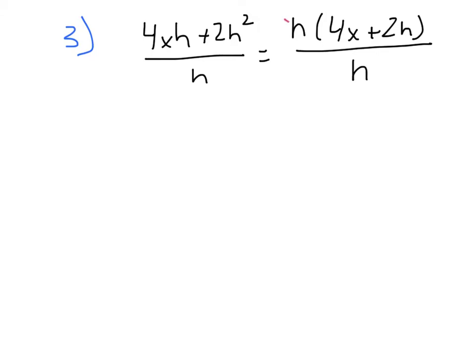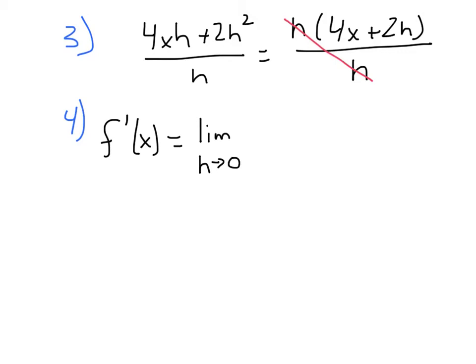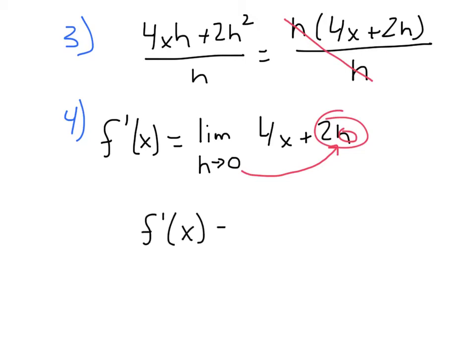Those h's will cancel, and we can now do the limit, step 4, and find our derivative. f prime of x, the derivative of f, is equal to the limit as h approaches 0 of 4x plus 2h. So I'm going to take 0 and use my substitution rule and plug it in right there, and that whole term turns into 0. So the derivative function, f prime of x, is 4x.